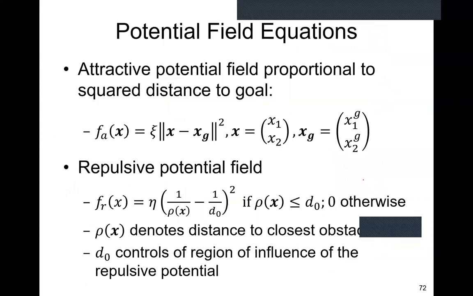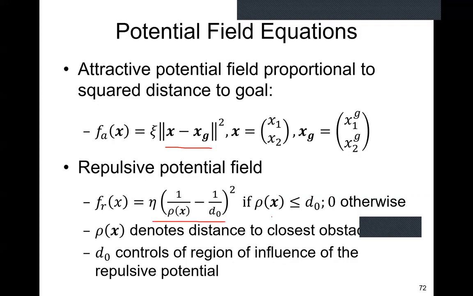These are just example definitions of the artificial potential field functions, not necessarily always in this form. For example, you may define the attractive potential to be proportional to the squared distance to the goal. At the goal, it's 0, and the further away, the higher the potential. For the repulsive potential field, you may define a function like this.